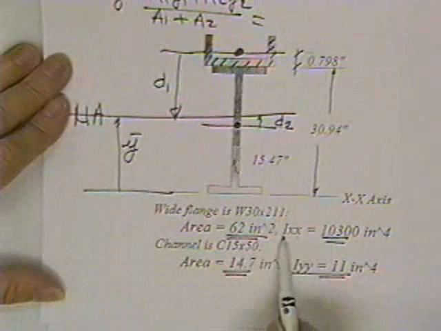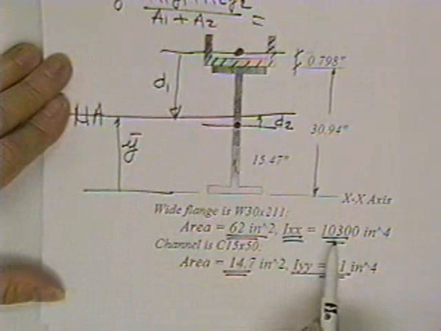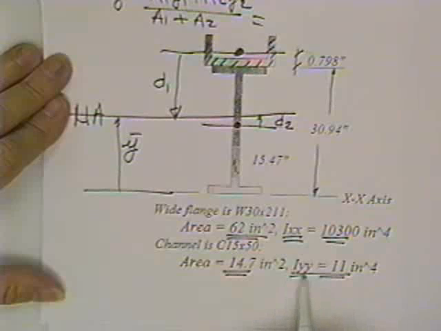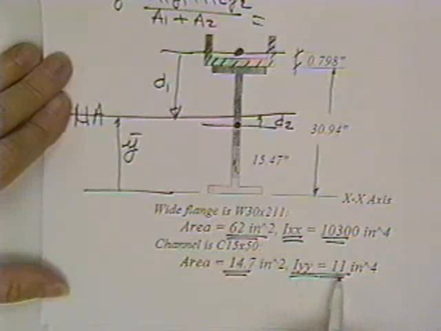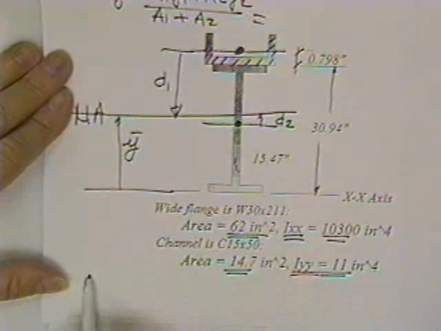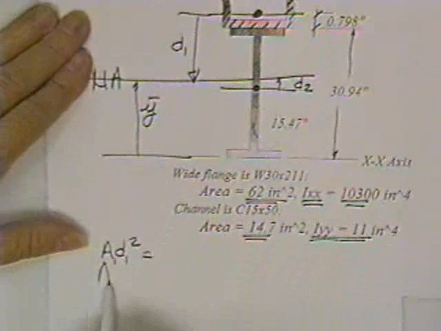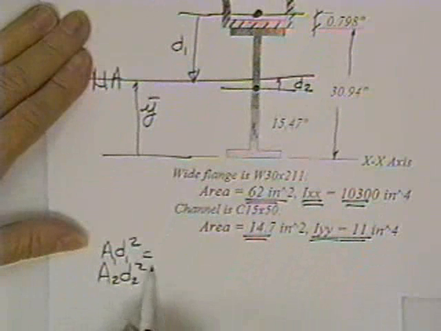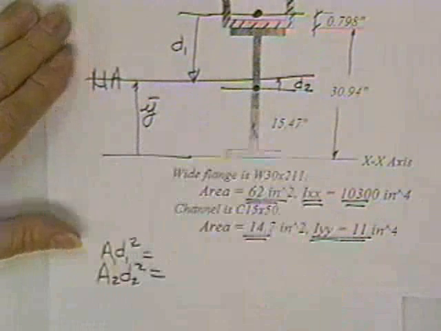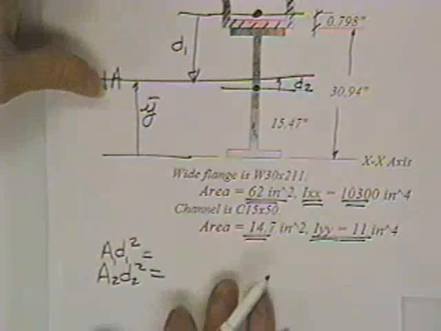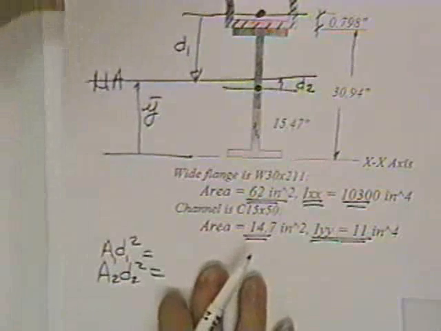Two of them you're already given: this guy's own personal moment of inertia, and this guy's own personal. All you have to do is then calculate the A D squared for area 1, the A D squared for area 2, and add them all four up. You might try that for practice.